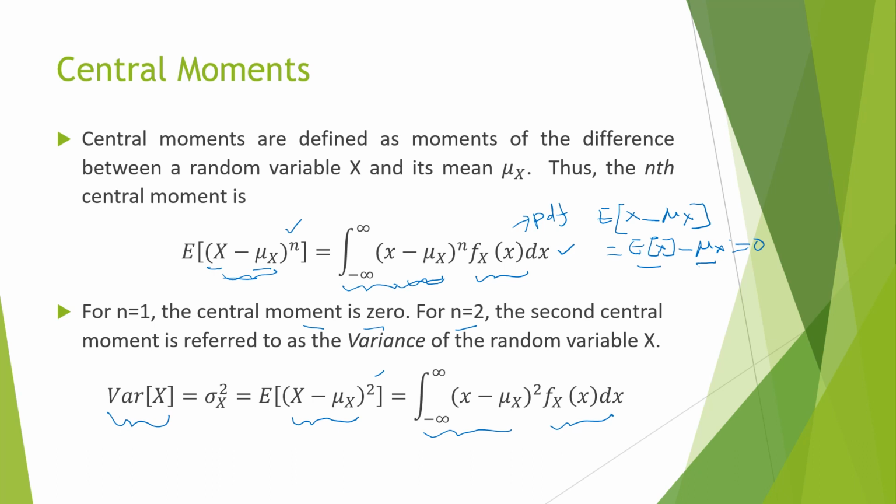Variance of X is denoted as σX^2, which is equal to the expected value of (X − μX)^2. So the second central moment is also known as the variance of X. Therefore expected value and variance of X are very important factors that describe the random variable.